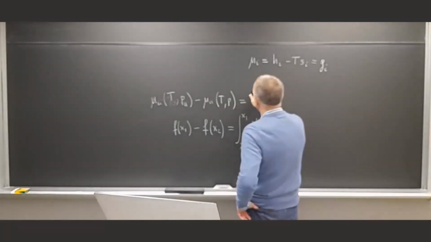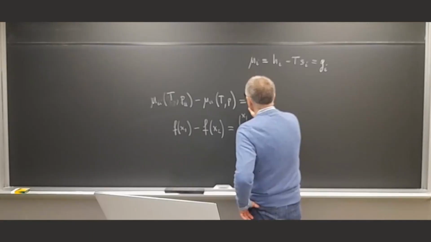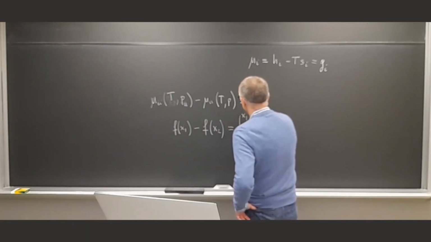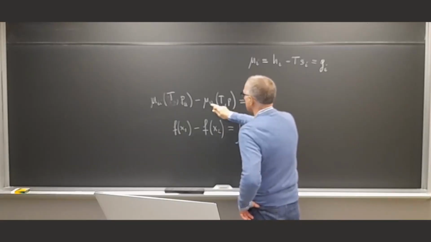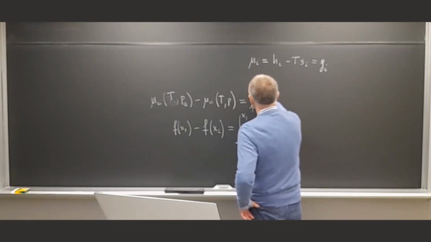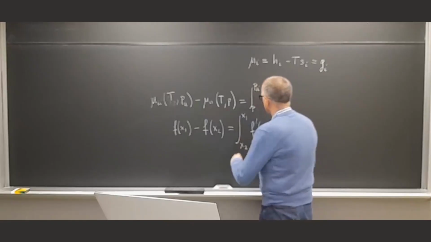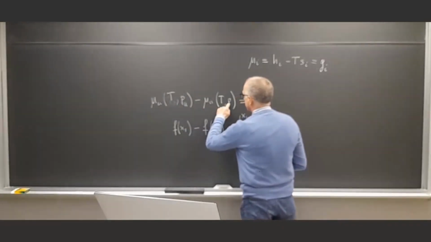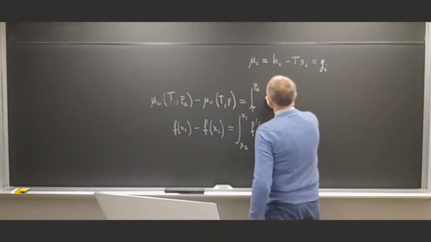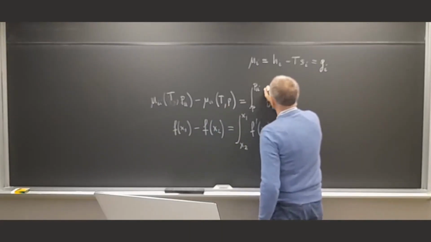So here we apply this theorem. So this x2 is P, x1 is PII, and the derivative we have to put here is the partial derivative with respect to P of what?